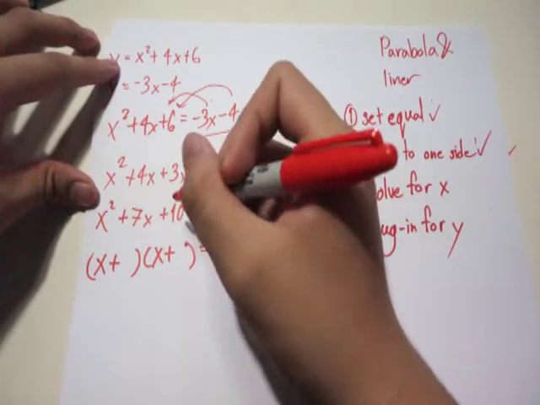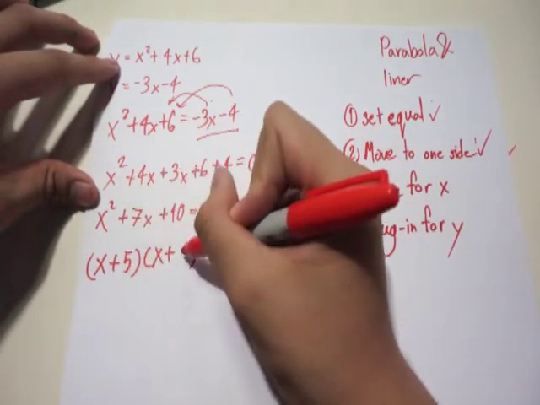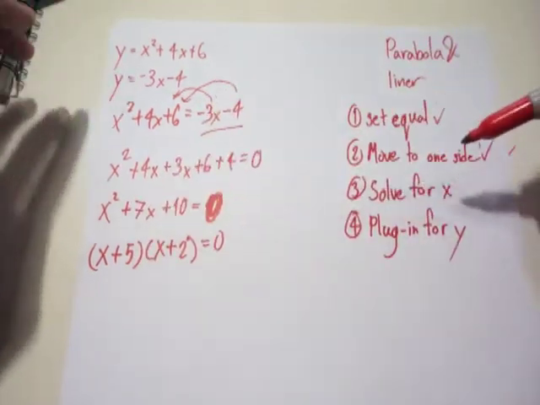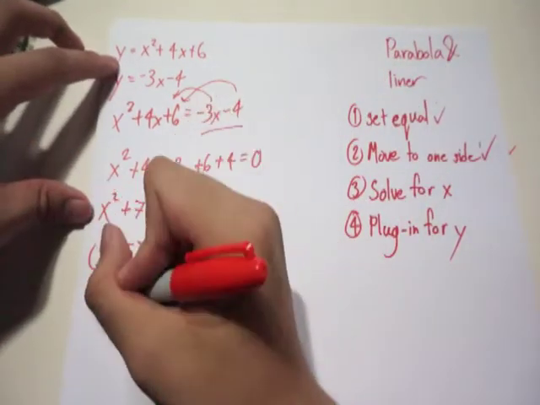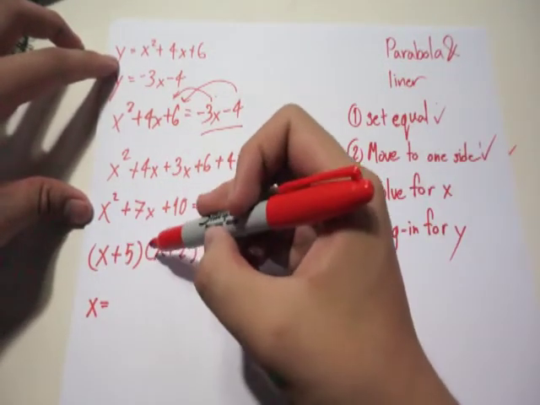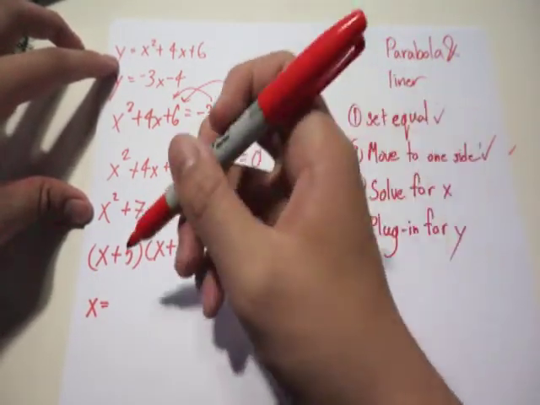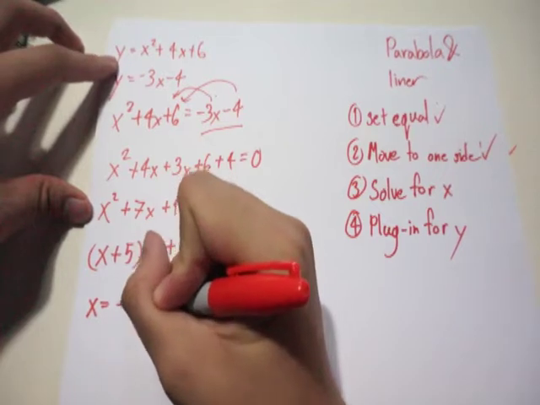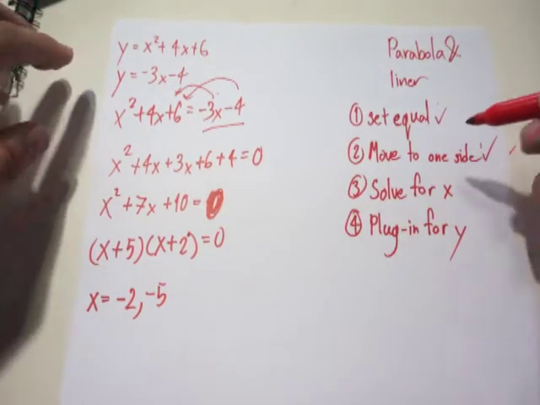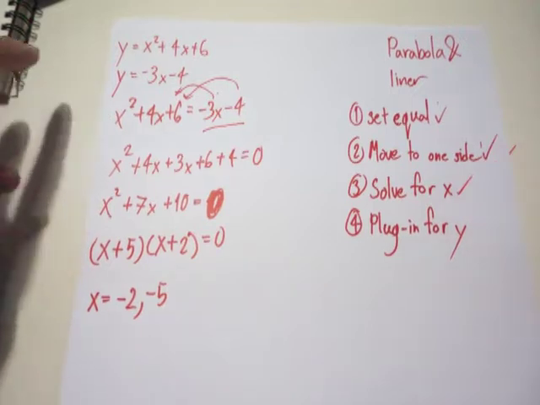From 10 we could have 5 and 2, because the two of them add up to 7. And there we go, we got that. And then when we solve for x, as I said, it will be in opposite form, which will have -2 and -5. Okay, now we have solved for x.